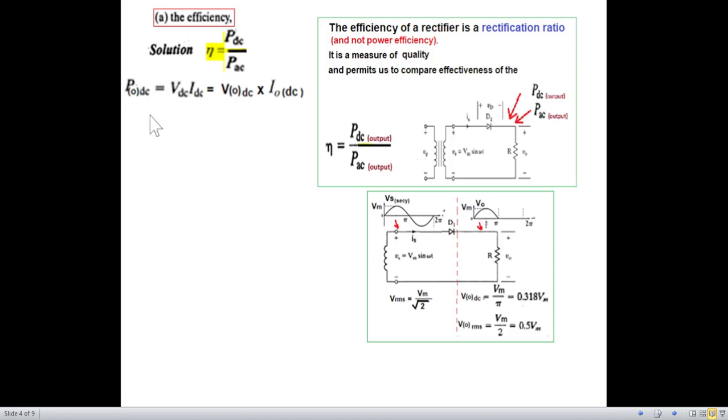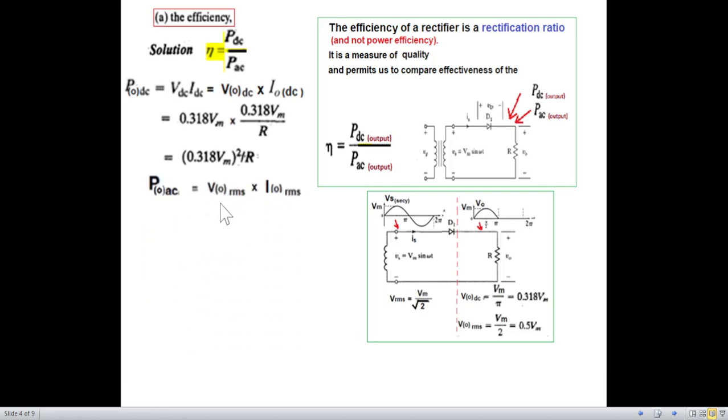Now, how do we calculate PDC? VDC into IDC. In our case, we are calling it VODC, and IODC will be the current through this resistance when we apply VODC. VODC is 0.318 Vm and the current will be VODC divided by R, that is 0.318 Vm over R. So this is PODC.